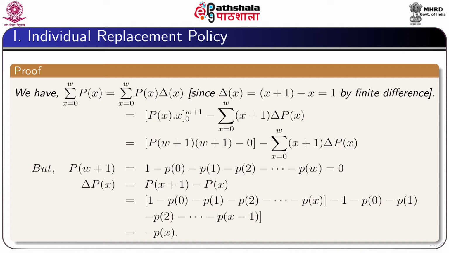If we simplify it, we get sigma x equal to 0 to w P x is equal to P w plus 1 into w plus 1 minus 0 minus sigma x equal to 0 to w x plus 1 into delta P x. But P w plus 1 is nothing but 1 minus P 0 minus P 1 minus P 2 ... minus P w, which is obviously equal to 0.